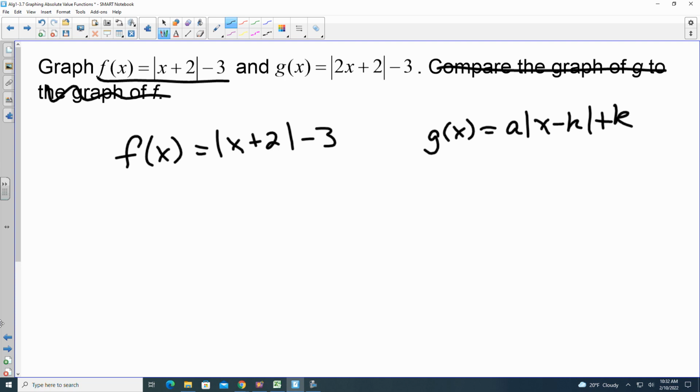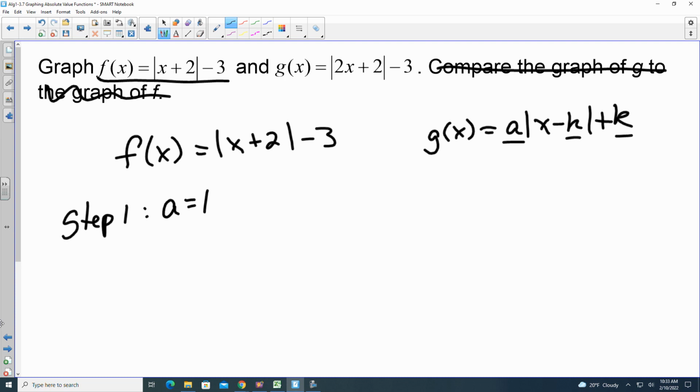So here's what we're going to do. It has a series of steps. So let's look at step 1. Step 1 is we need to figure out what a, h, and k are with respect to the original function. So a is going to be equal to 1 because there's no value on the outside of my absolute value.